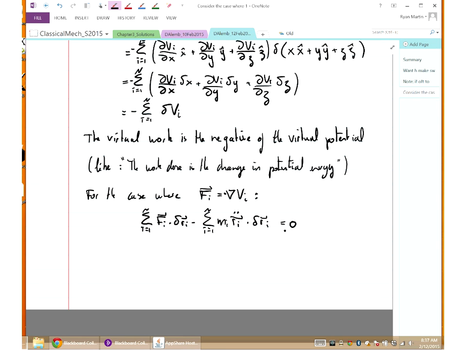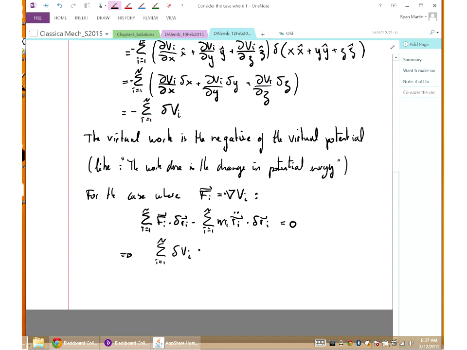That's D'Alembert's principle, what we started with at the last lecture. I can just replace the first term with minus delta V, and that'll kill off the minus sign between the two terms.